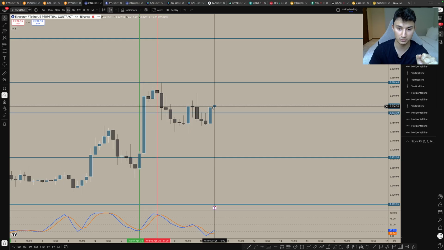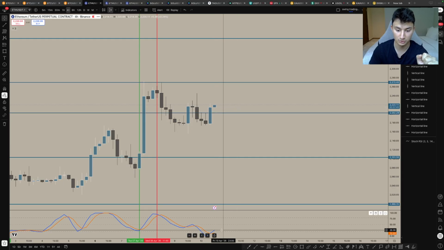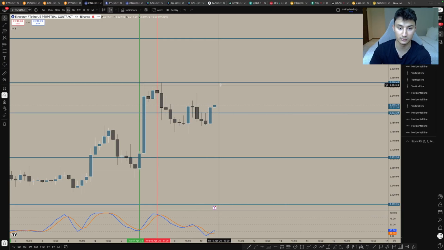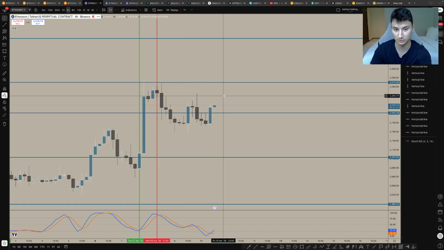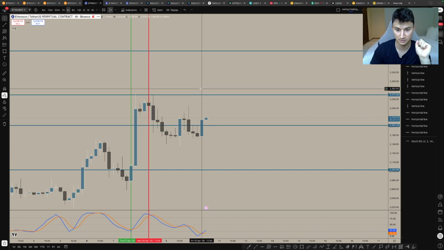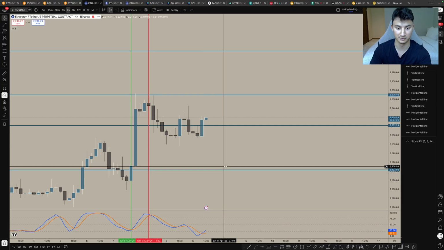I would wait for it to retest again, so the SRSI would curl a bit to the downside to have full confirmation. Take a long, my first TP would be around this zone, not exactly at 2270, but around this zone, and my second TP would be around 2370. And there you go, you make money.